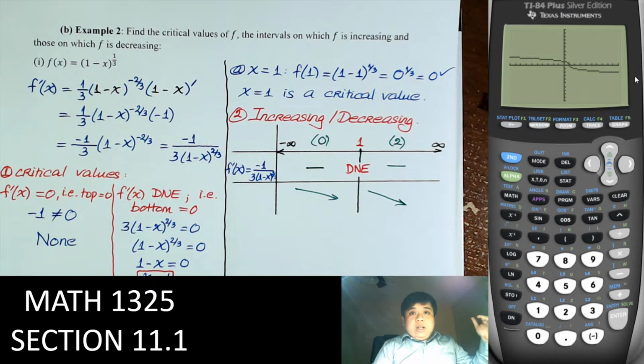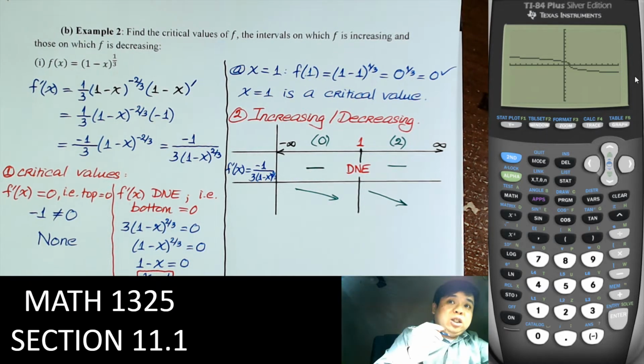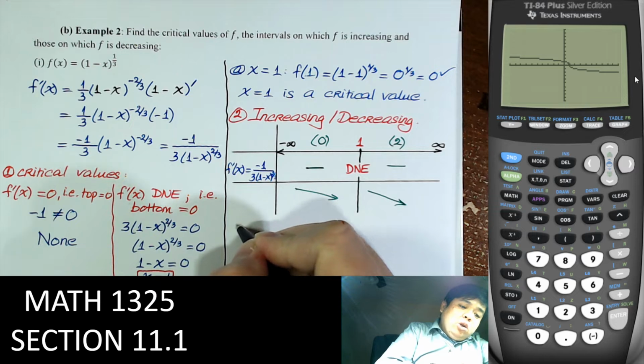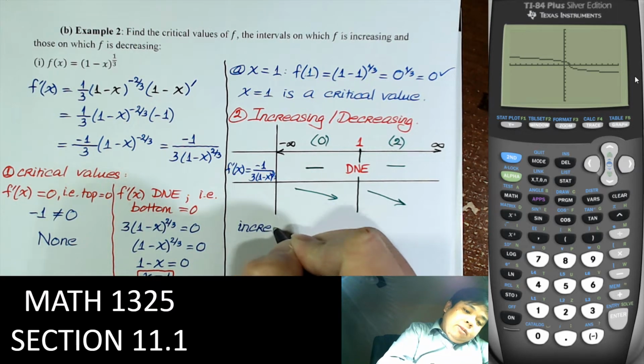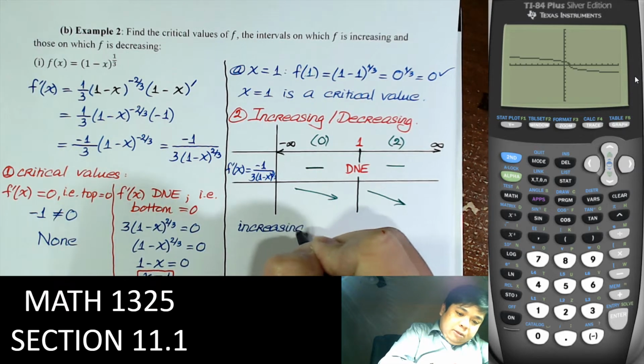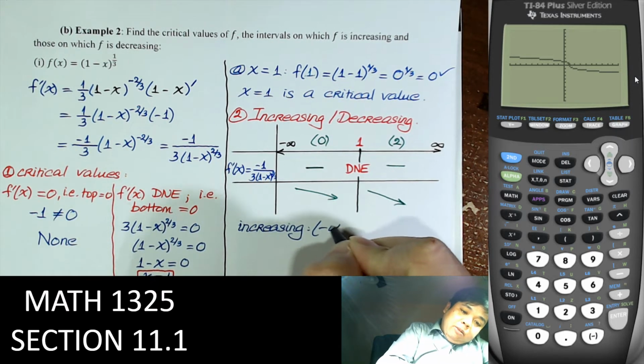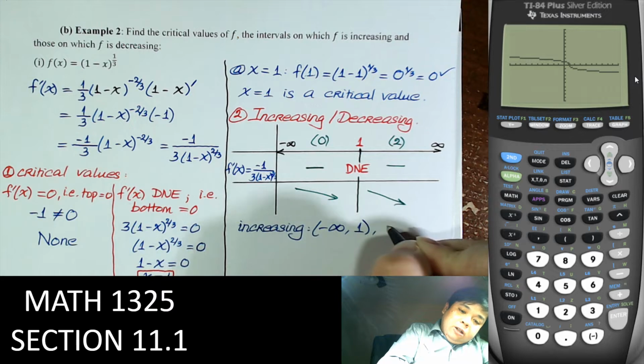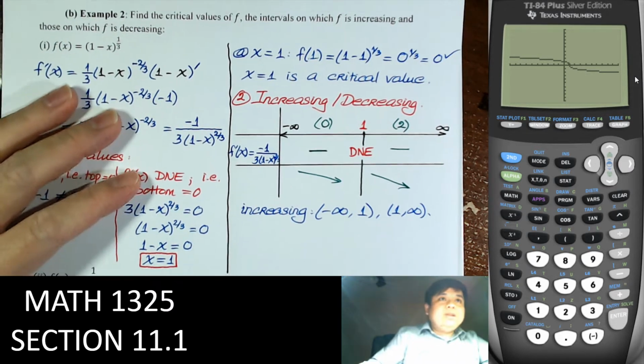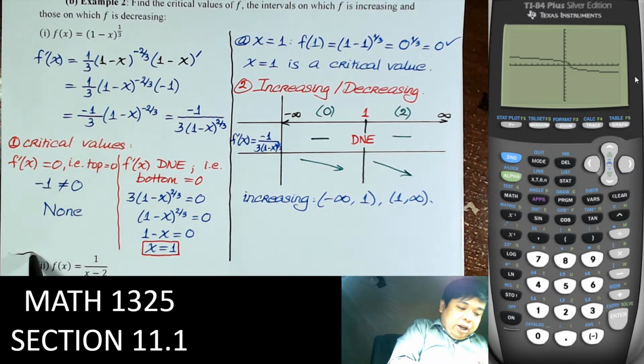It's not decreasing all the way from negative infinity to infinity, so we have to write two separate intervals. Decreasing: negative infinity to 1, and then 1 to infinity. Right, so that's what we have.